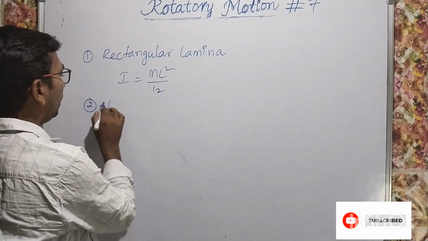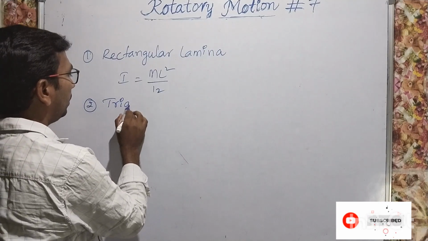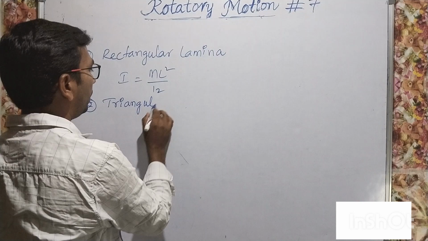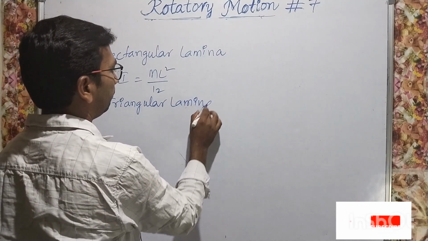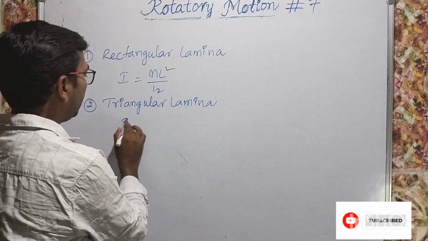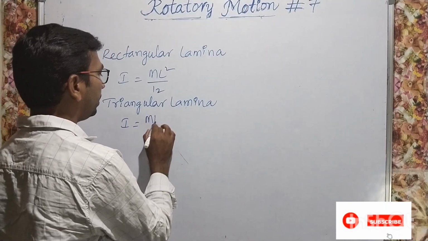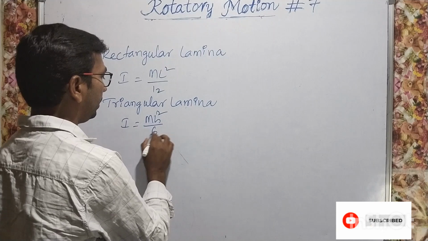The second one is the triangular lamina, where I is equal to mh square by 6.